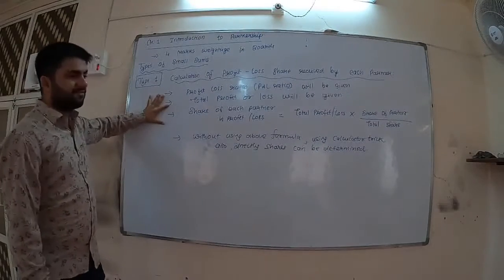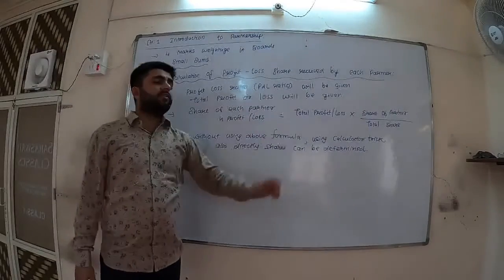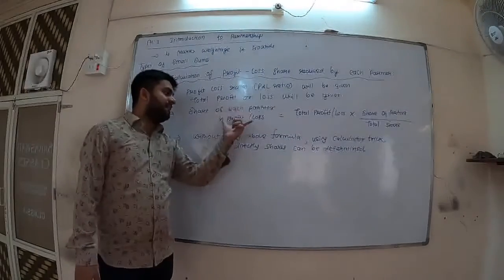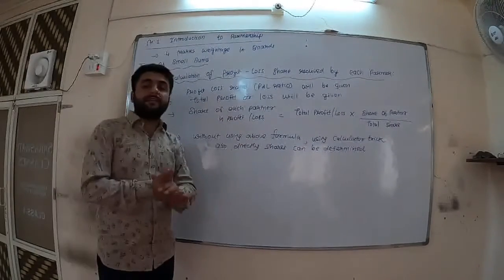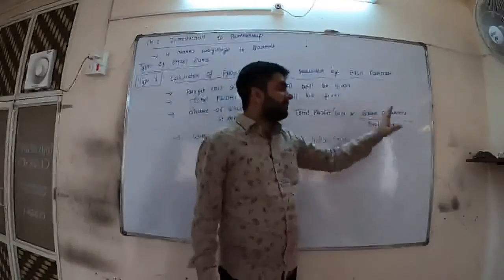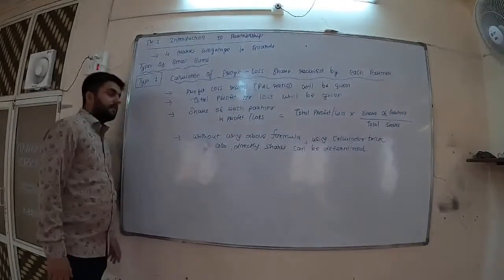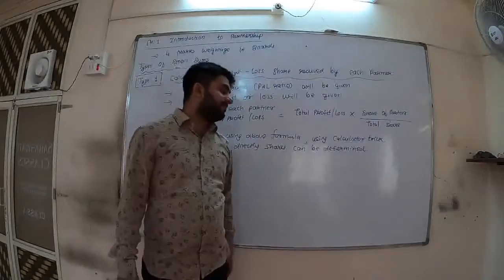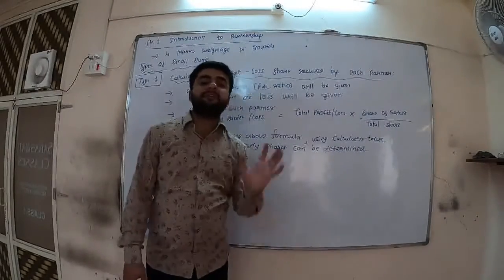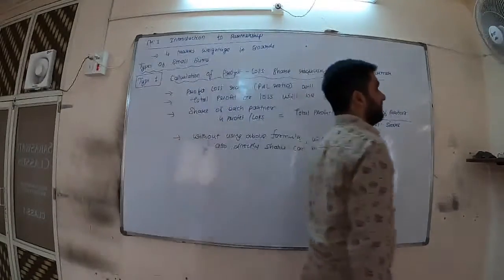Next point, total profit or loss will be given. Then next, share of each partner in profit and loss. How will you calculate it? Through the formula: total profit or loss multiplied by share of partner divided by total share. Without using the above formula, using the calculator trick also, shares can be determined directly. Okay, now in the exercise we are going for the sum.